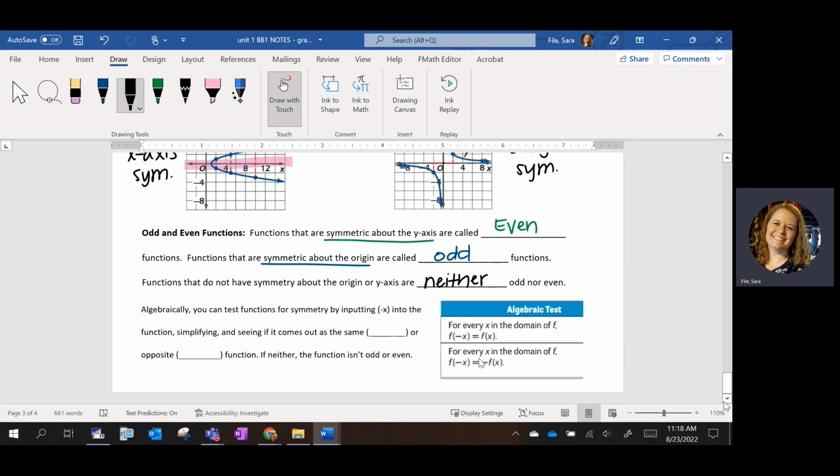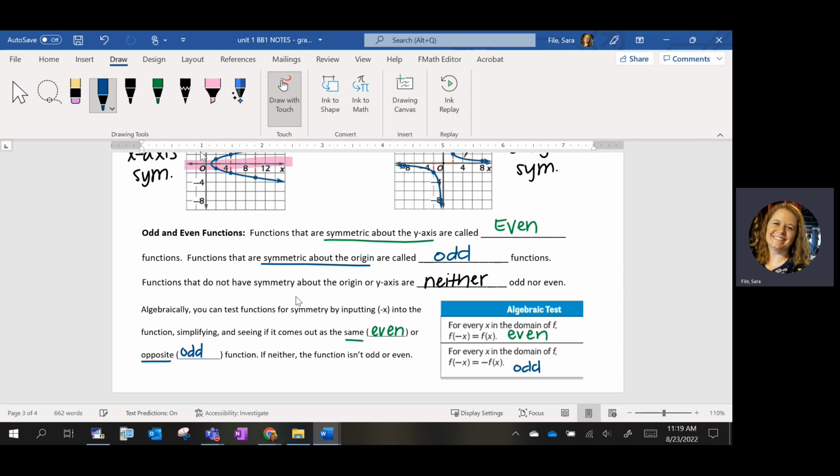If you input a negative x and it comes out equal to the original function, exactly the same, that is an even function. After you simplify, it comes back to the original. But if it comes out the opposite, meaning what was positive is now negative and what was negative is now positive, like all the signs just change, that's an odd function.